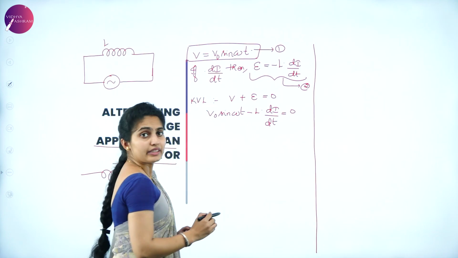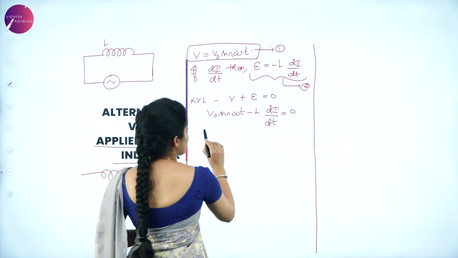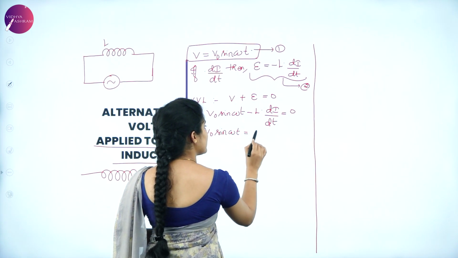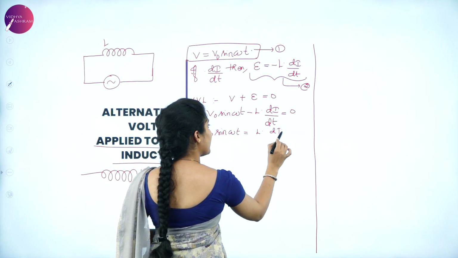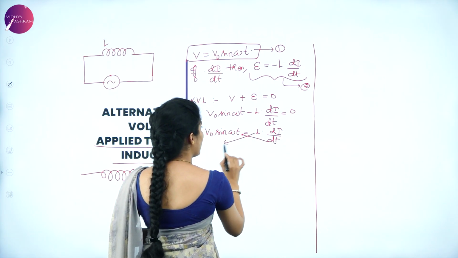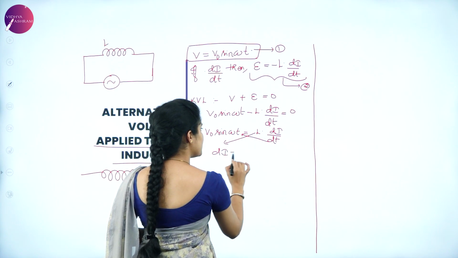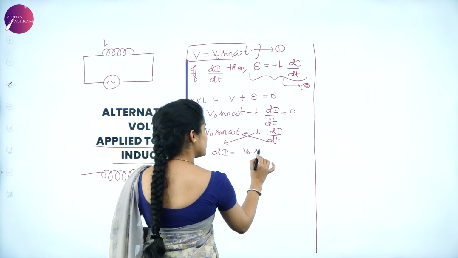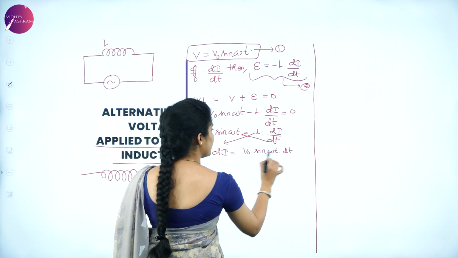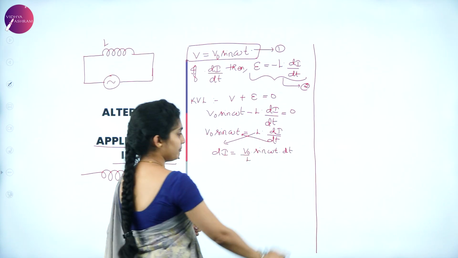We consider this as V0 sine omega t is equal to L into di divided by dt. Take dt up, L down, so di is equal to V0 sine omega t into dt divided by L.